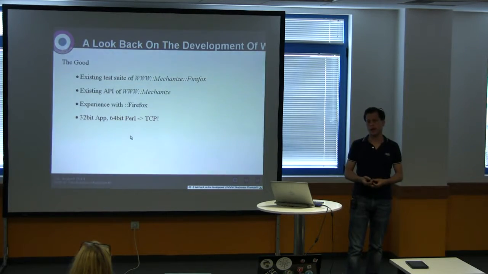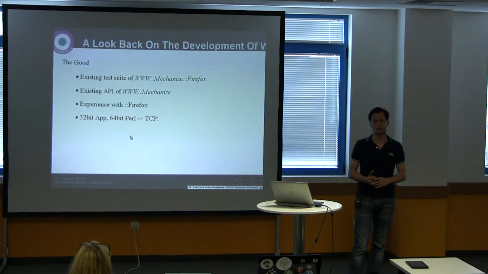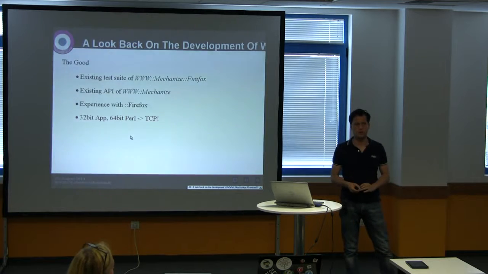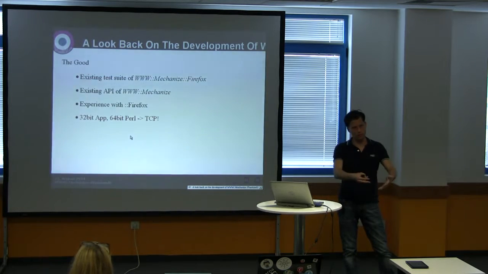And one thing I cannot stress enough is to use socket communication between your processes. For Firefox, I had long toyed with the idea of using the Gecko rendering engine as an XS module and directly embedding a browser in my Perl process.